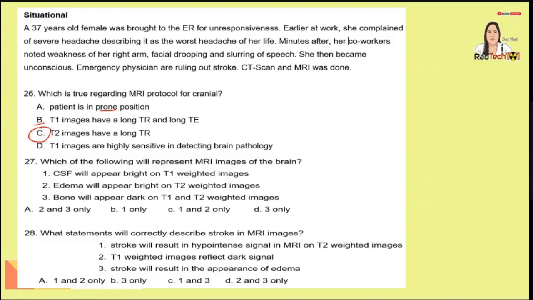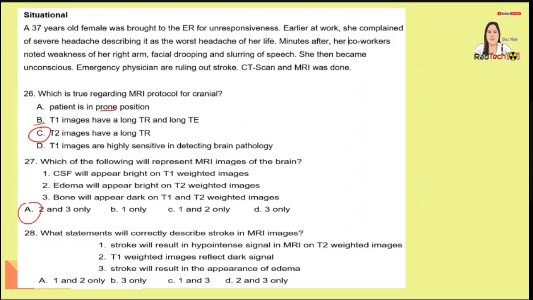27, which of the following will represent MRI images of the brain? The correct answer is only 2 and 3. So edema will appear bright in T2 weighted images, and also bone will appear dark on both T1 and T2 images.